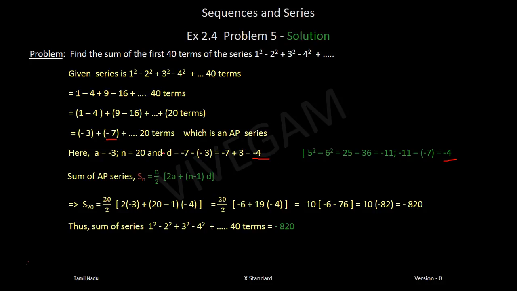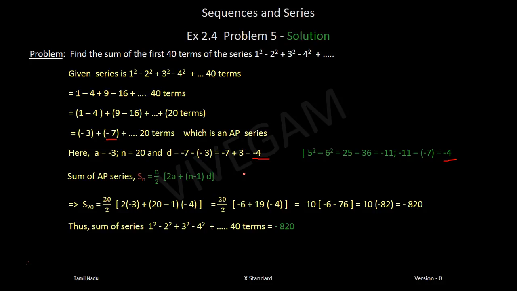Which means d, which we calculated as t2 minus t1, is also equal to t3 minus t2, that is minus 4. So it's an arithmetic progression. There is a small error, they should have mentioned this as an AP series. If they don't mention, we'll have to do this check: t3 minus t2 must be equal to t2 minus t1, then only it is an AP series. Anyway, this is just for academic interest, to make it complete.